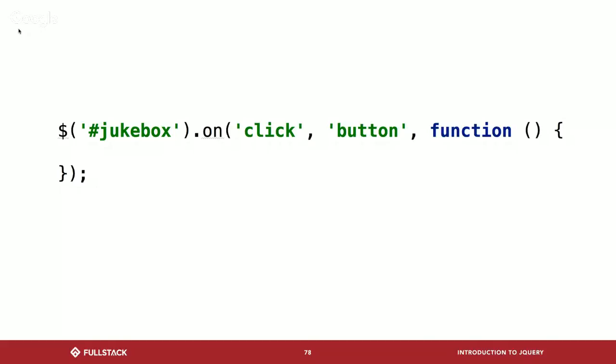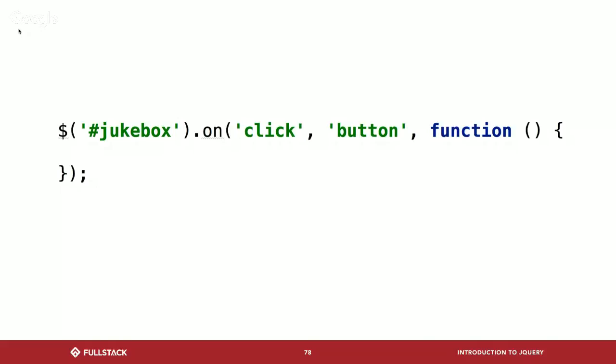The important thing is what you're trying to accomplish by writing this code. What you're trying to accomplish is you're saying, hey, look, for all buttons that are in that jukebox now, and any button that might go into that jukebox in the future, I want to add an event handler for it. Because when you do your trip planner, you're going to be clicking on something and adding it to your trip, and it's going to go somewhere in the DOM, and you're going to want to have event handlers on it.